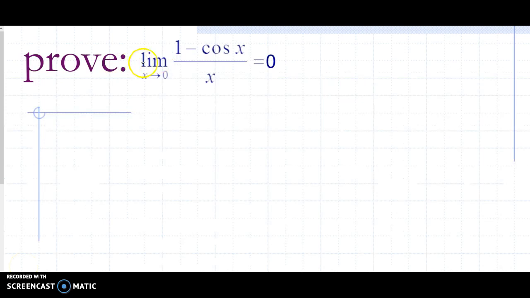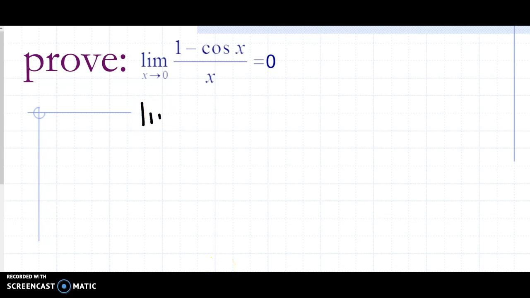All right, we're going to prove that the limit as x approaches 0 of (1 minus cosine of x) over x equals 0. Note that since we're proving, we only change one side of the equation. Also, if you think this looks familiar, it should. This was a problem from one of our old reviews, but we're going to go through it together right now.